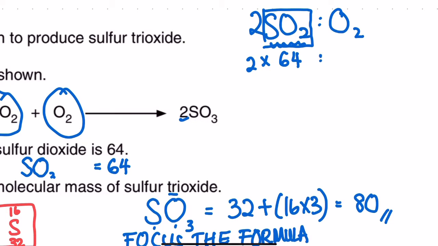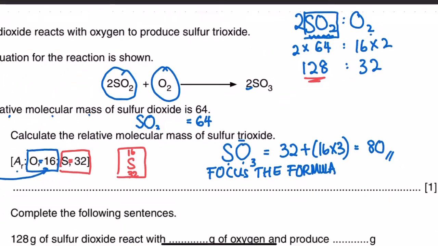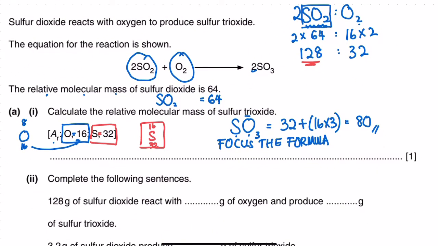Alright, next, oxygen, O2. 1 oxygen is 16. So there's a tiny 2 there, so you need to multiply with 2. 16 times 2. So work it out in your calculator. You get 128 to the ratio of 32. Okay, check the number. This number looks the same, right, from the question? So we can use it directly.